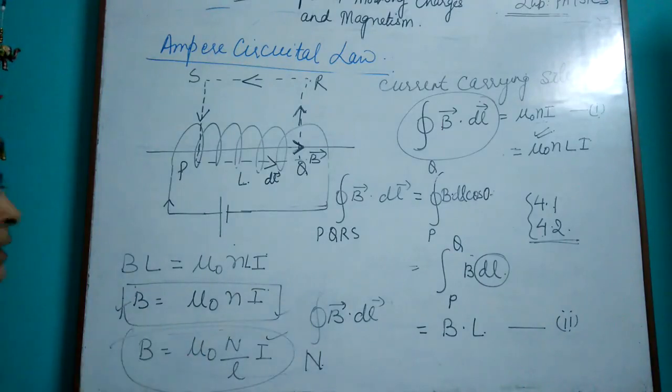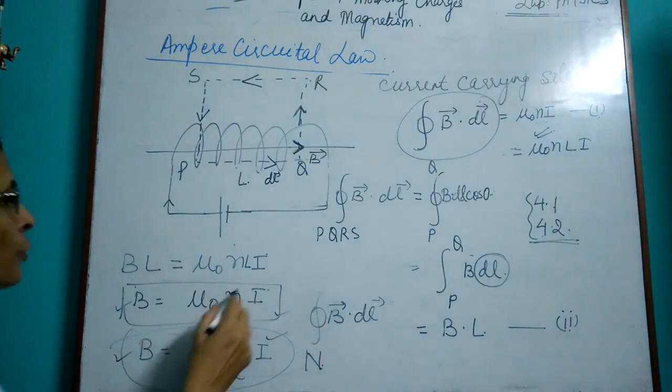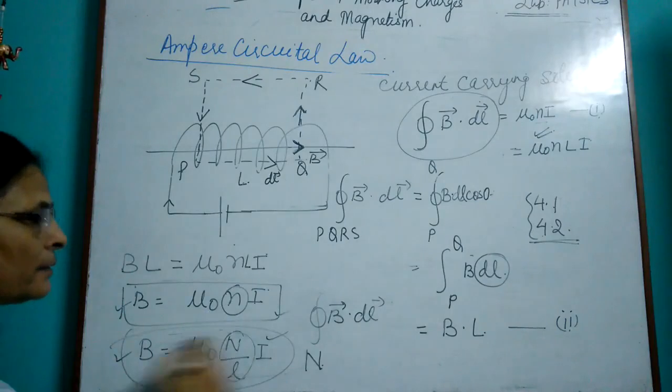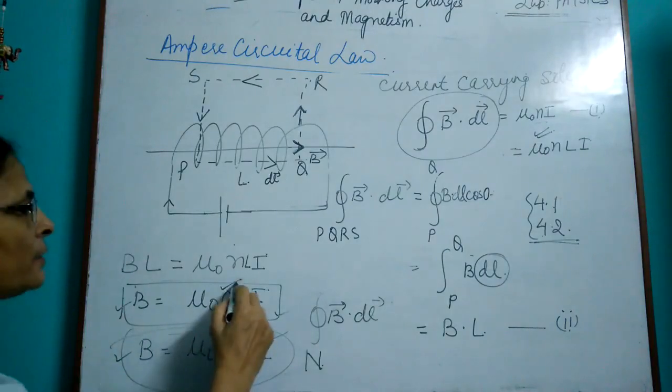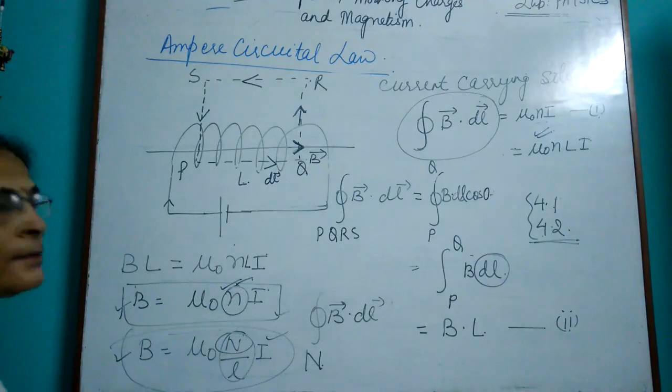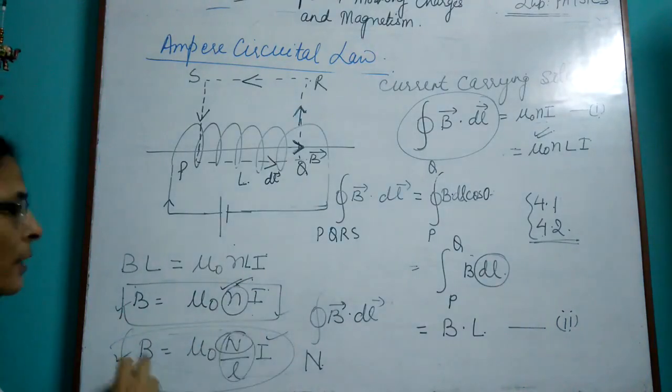In some books you will get it like this, in some books you will get it like this. Don't get confused with this. You have to just check that it is number of turns per unit length, and here N is total number of turns in the coil.